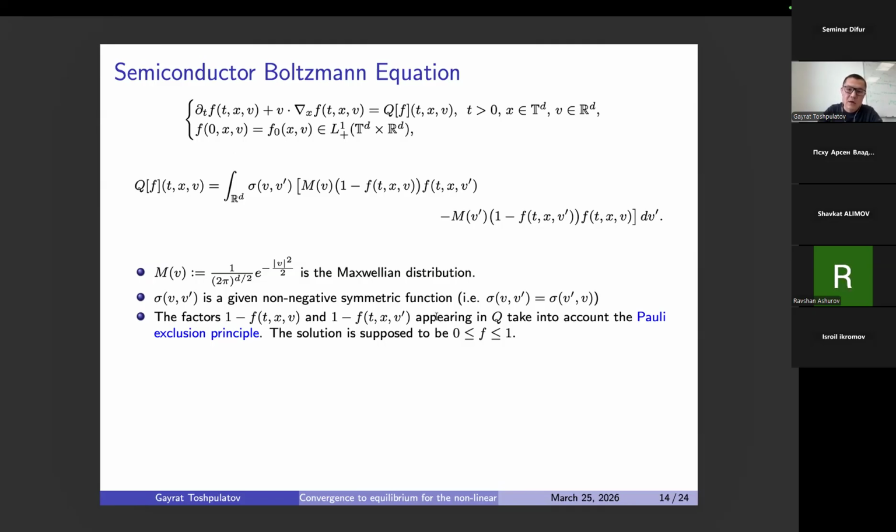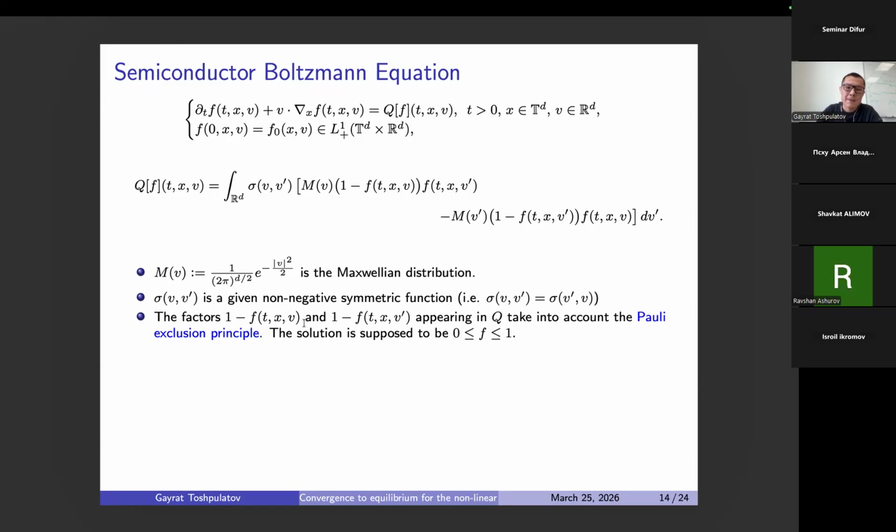These terms appear from physics. It's called the Pauli exclusion principle, and the physically meaningful solution has to be between 0 and 1. And we look for such a solution.